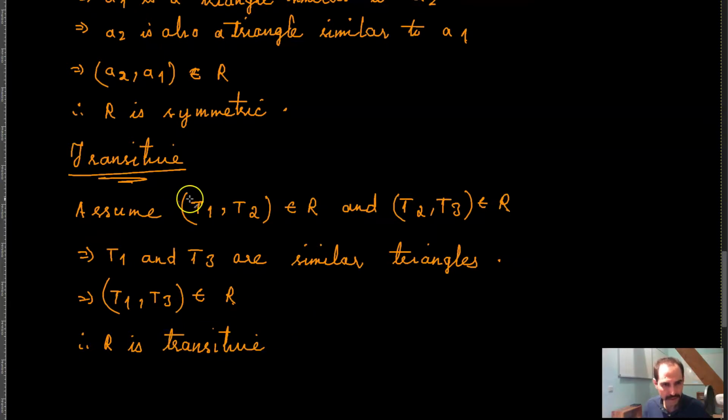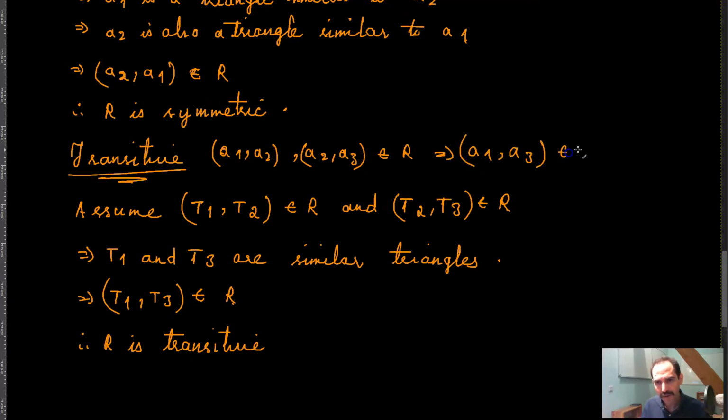And I'm saying that based on the fact that the condition for transitivity of R is that if (A1, A2) and (A2, A3) both belong to R, that implies that (A1, A3) also belongs to R for all A1, A2 and A3 belonging to A. That is the condition for transitivity.